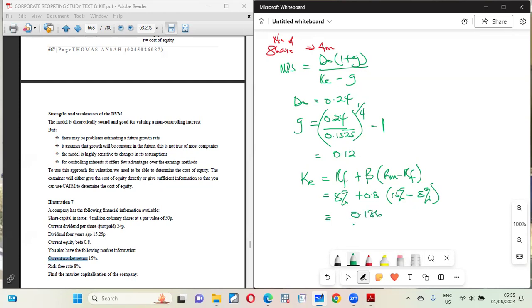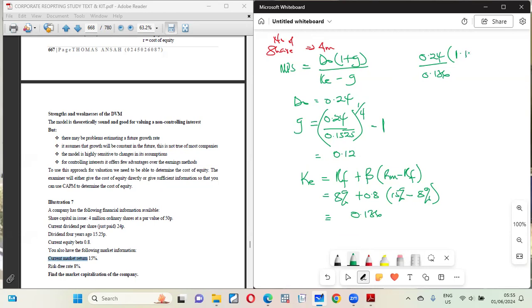So that is it. Now, once we've obtained all the variables to our formula, the job becomes easy. So what is our MPS? D0 was 0.24 cedis, divided by KE, which we found is 0.136, into brackets 1 plus G. What was our G? 0.12.